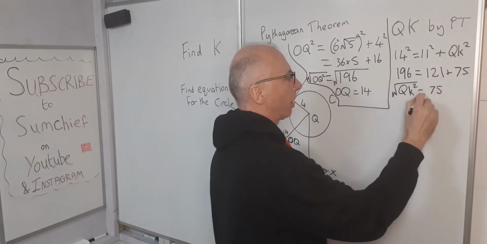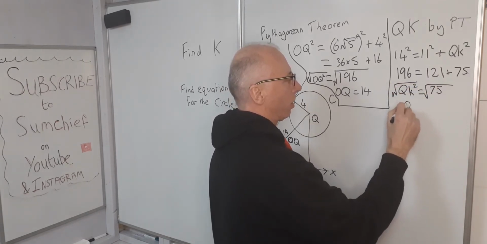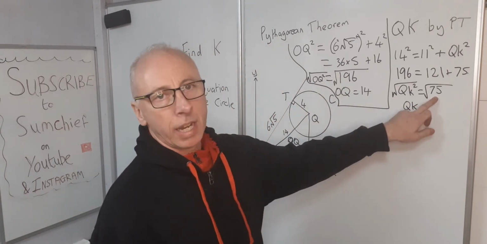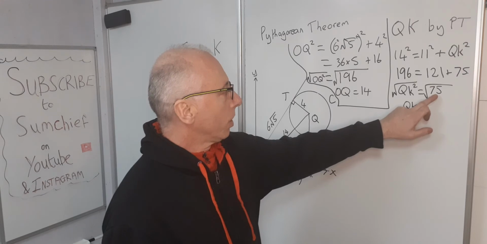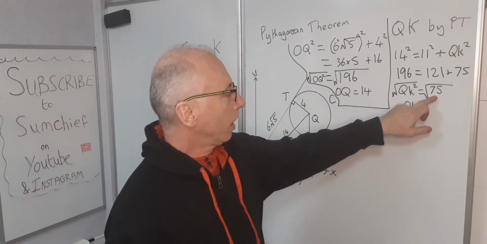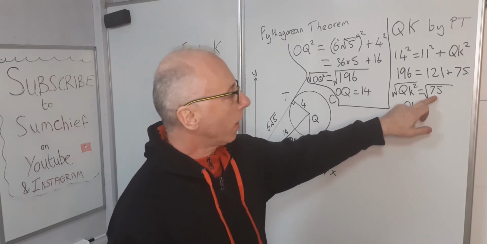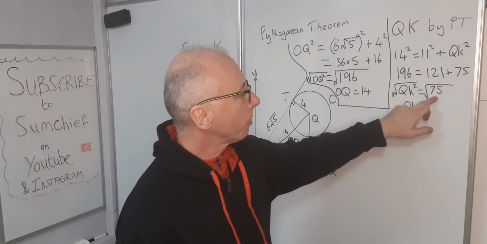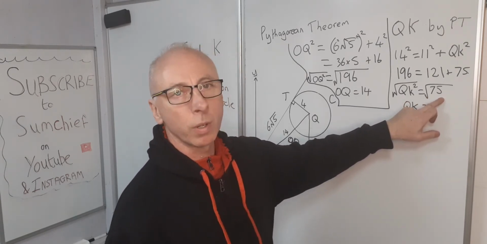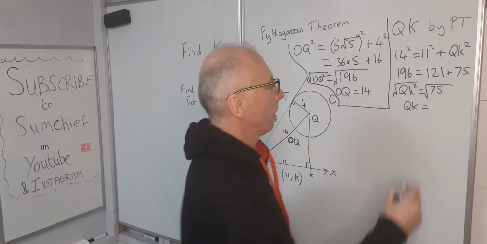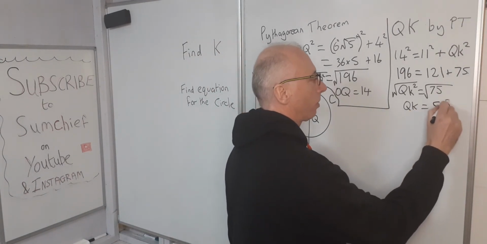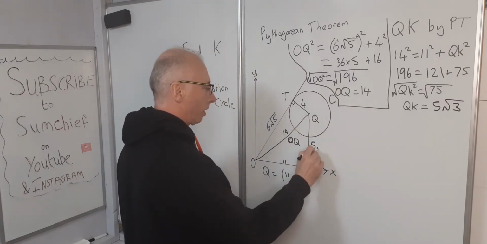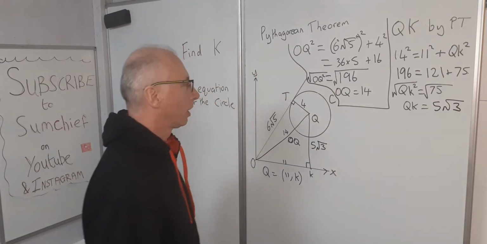Square root both sides. We get QK equals, how can we break this down into radicals? So a big factor of this is going to be 25. We know 25 is a square number. So that'll give us 25 times the square root of 3. Square root of 25 is 5. So that gives us 5 root 3. So therefore we can say that this side is 5 root 3.